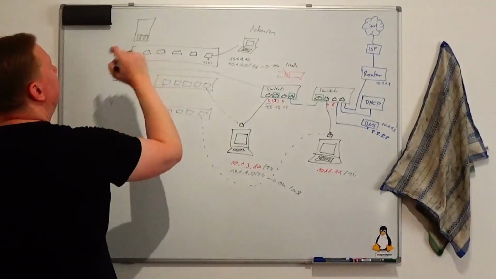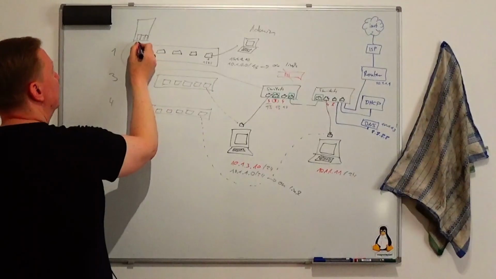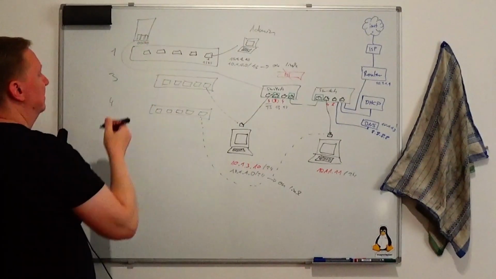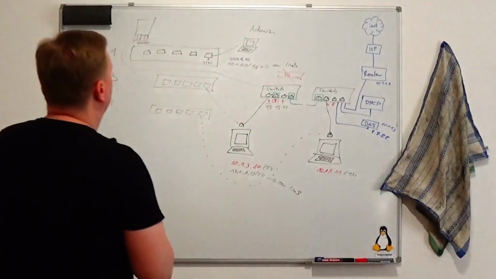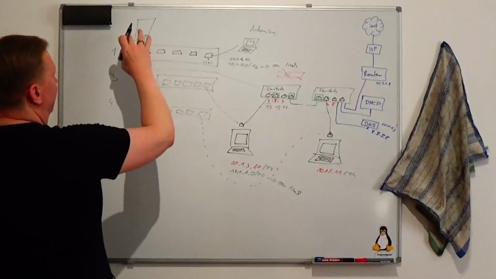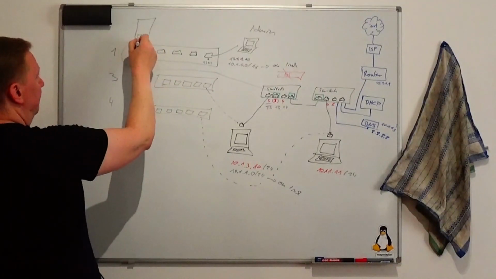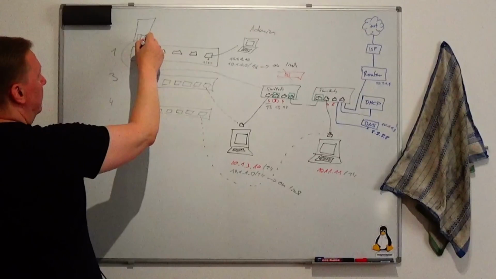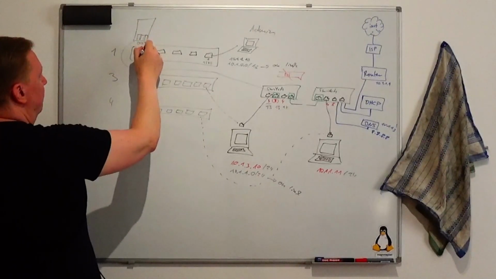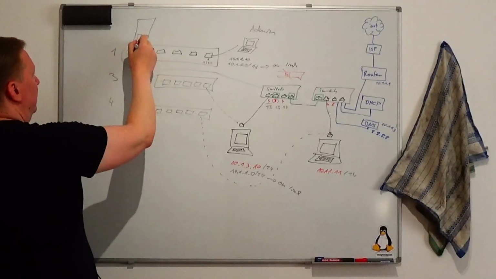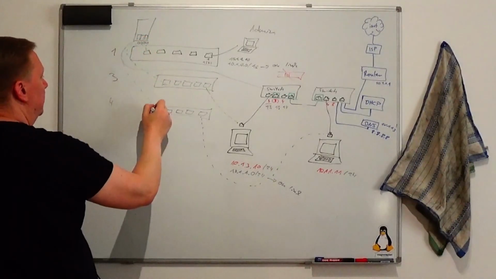And then on the Raspberry, we will configure multiple virtual ports, and each of these virtual ports will be on a different VLAN. Okay, so we will have one on VLAN 1, one on VLAN 3, one on VLAN 4.